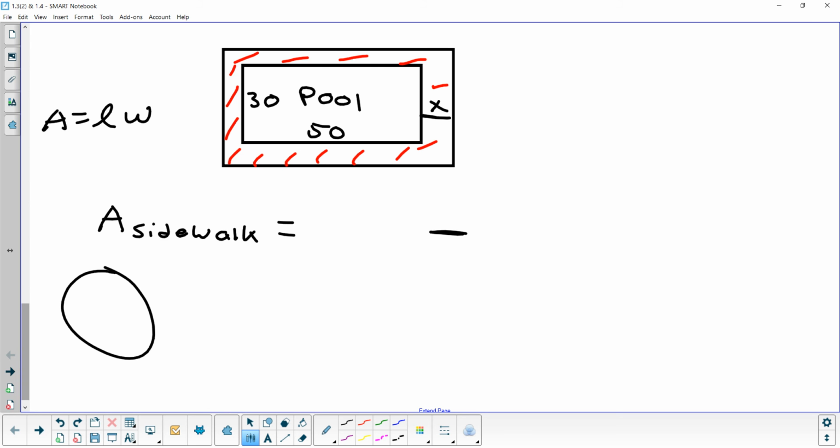Same thing as, what if I had this and I told you to find the area of this shape in here? Let's say you knew the area of the big circle and the small circle. What could you do?